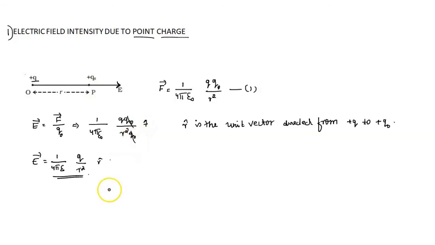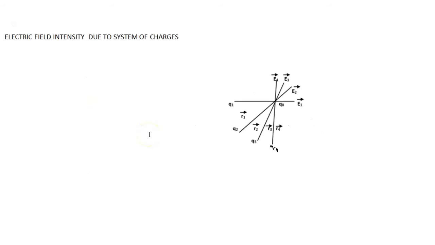That is, if there is only one point charge as a source charge, then the electric field intensity equation is this value. Next, we need to calculate the value of electric field intensity if there is a system of charges. So consider the example where we have 4 charges, that is Q1, Q2, Q3 and Q4.